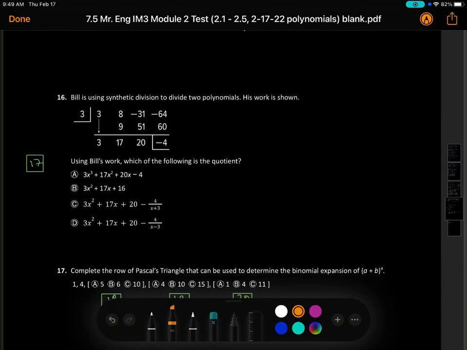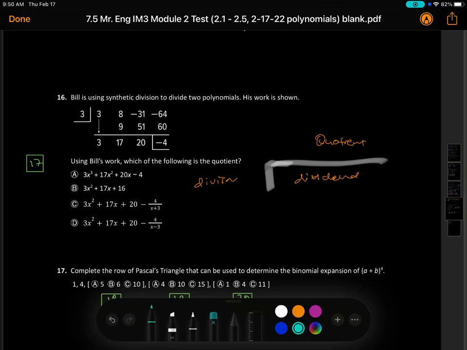Okay, question number 16. Bill is using synthetic division to divide 2 polynomials. His work is shown. Using Bill's work, which of the following is the quotient? So again, the quotient is your answer up here. This is your divisor, and this is the dividend.